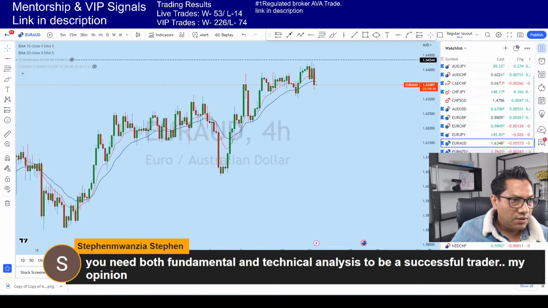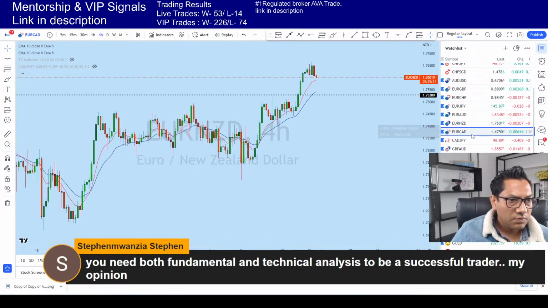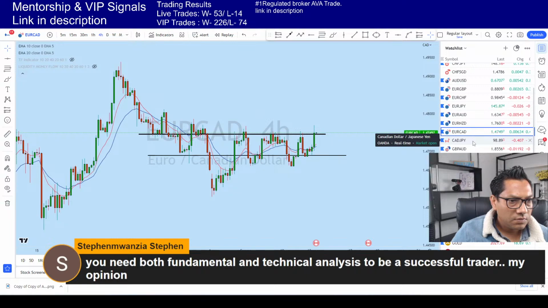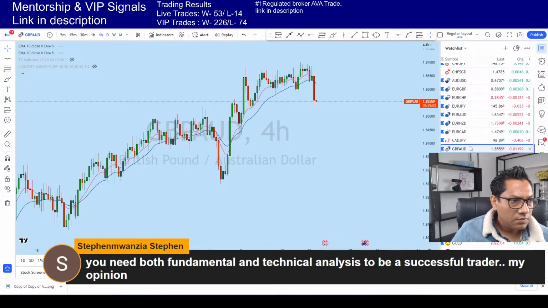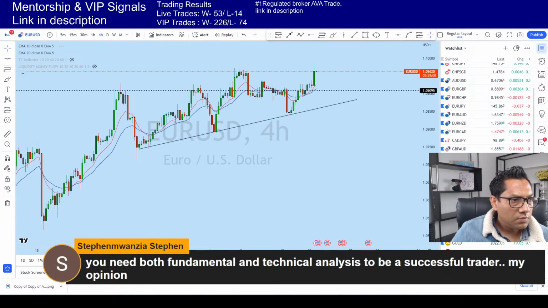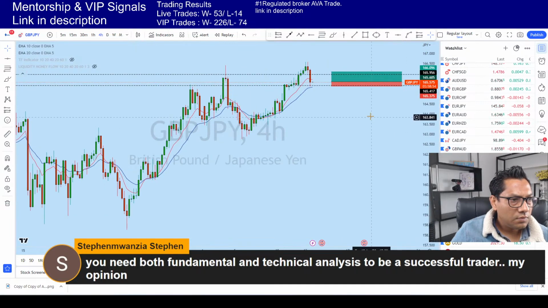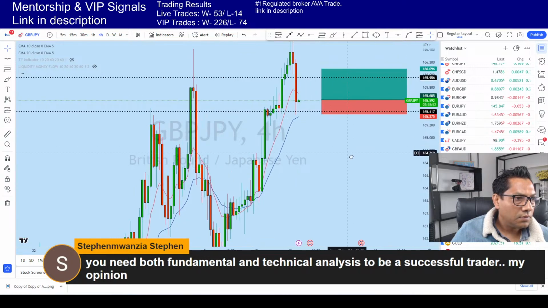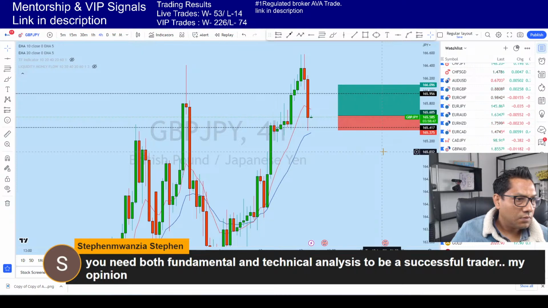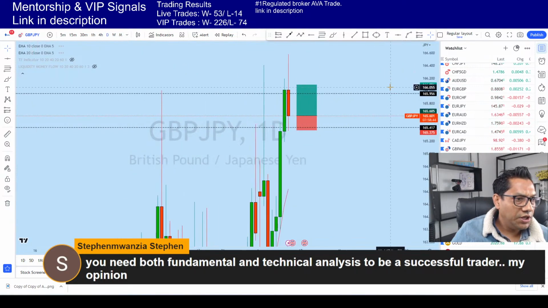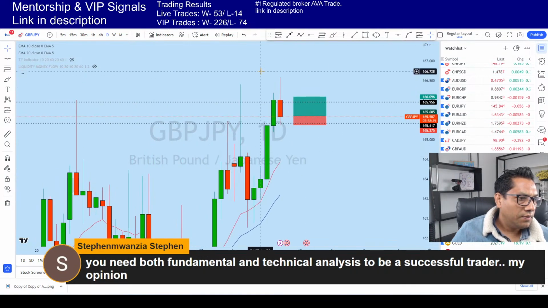So you see that GBP/JPY has a significant movement to the downside from the resistance zone.